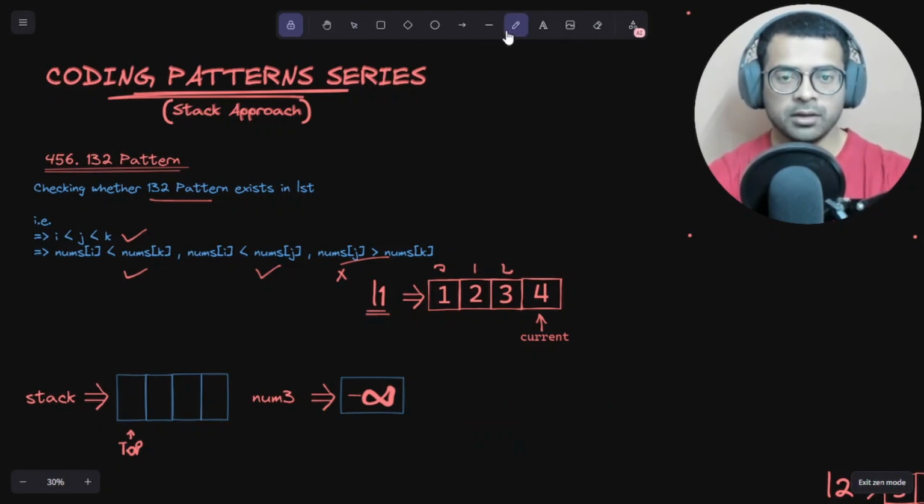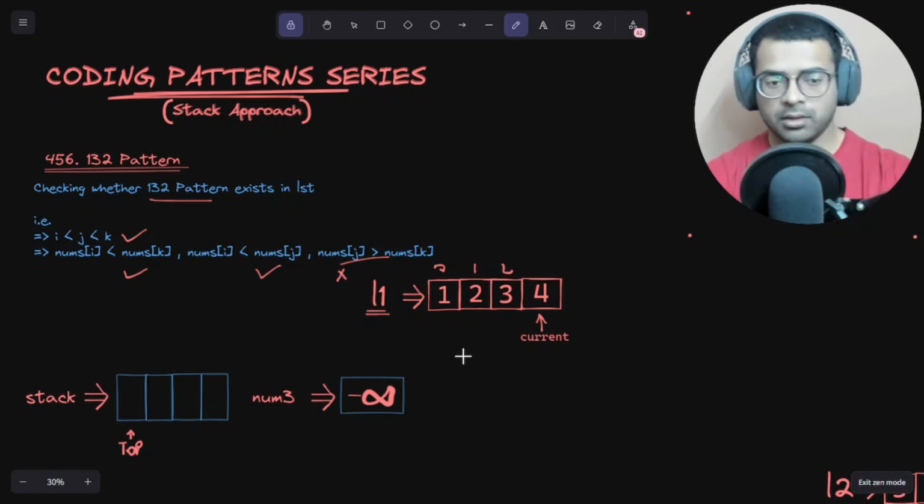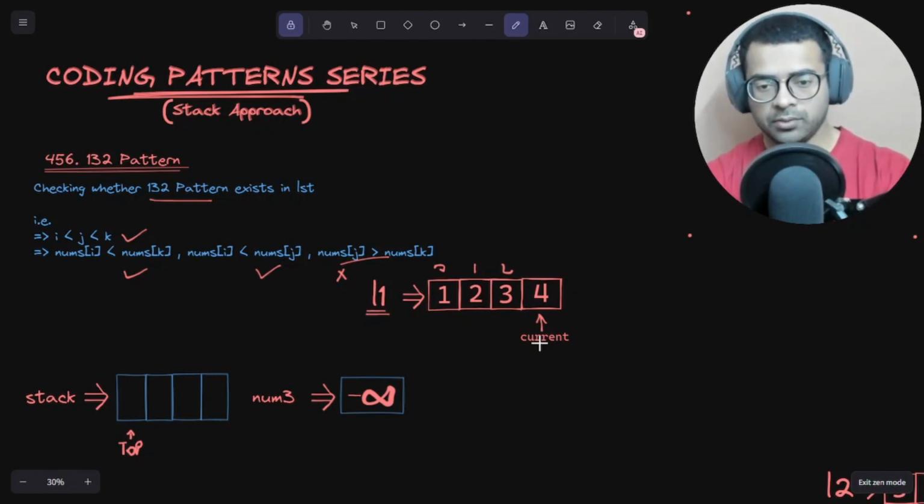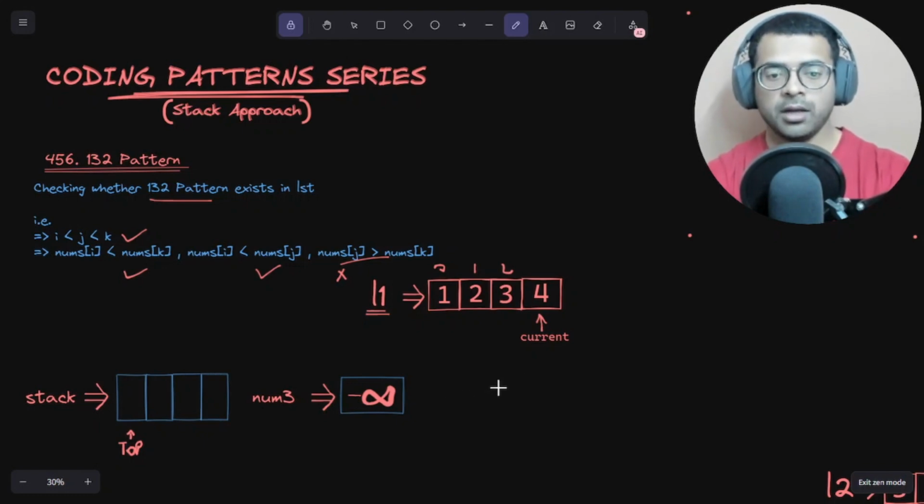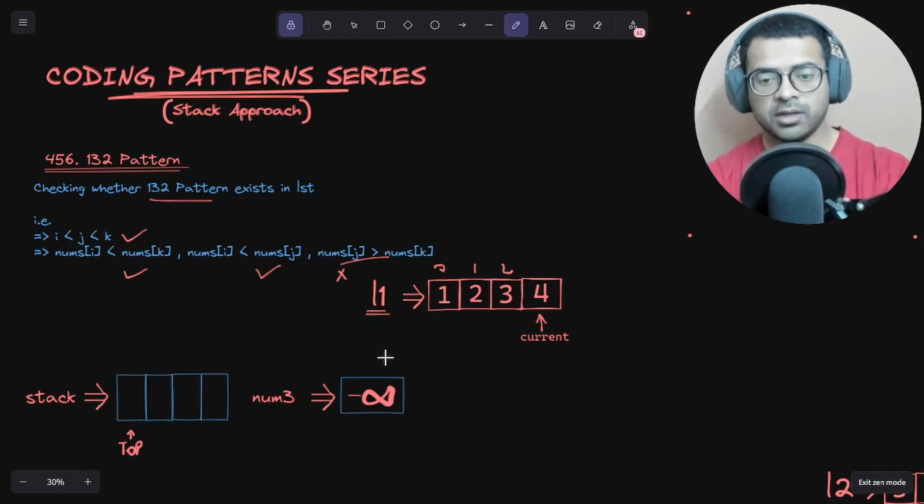So here we are. What we will do, first of all, is check whether the value current is pointing towards is greater than the value num3 is initialized with. If it is, then we will proceed further and check whether the stack is empty or not, and whether the top of our stack contains a value that is smaller than the value of current.